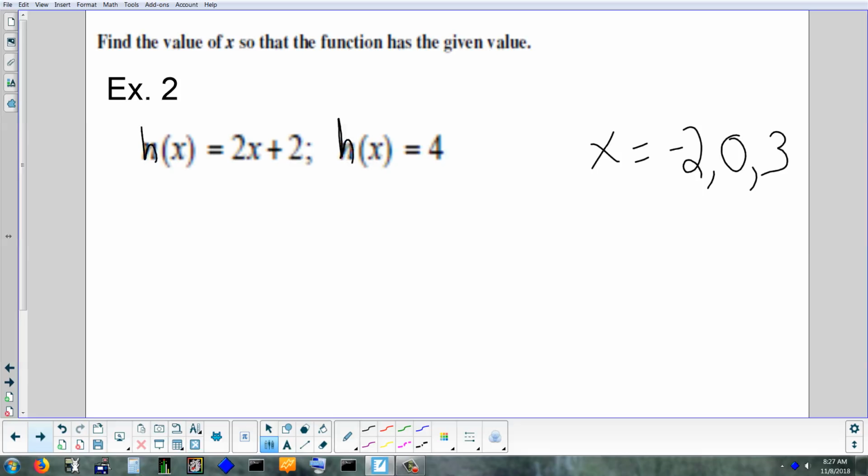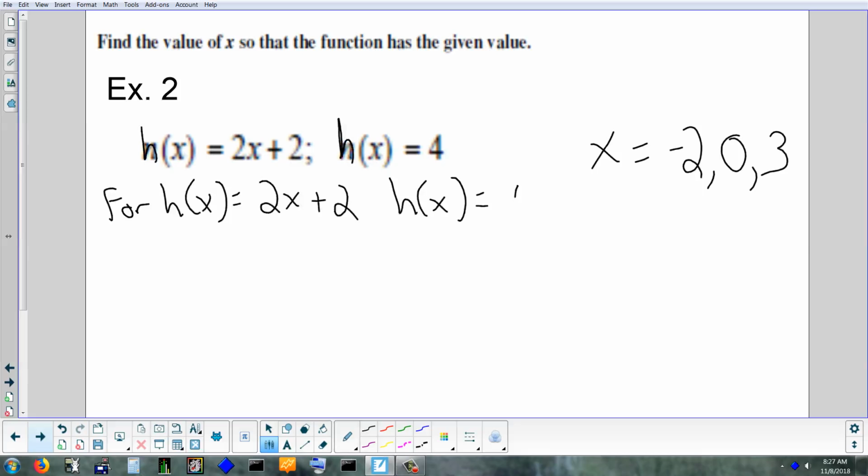So on your paper, you're going to write h of x equals, so you already have this written there. You just have to write in the 2x plus 2, and then h of x equals 4.